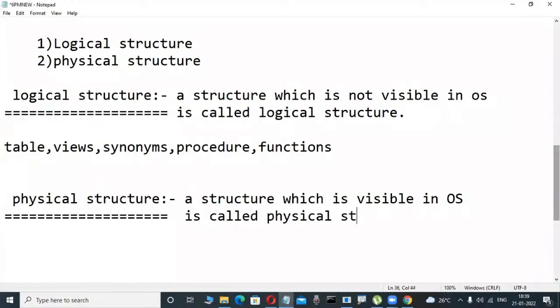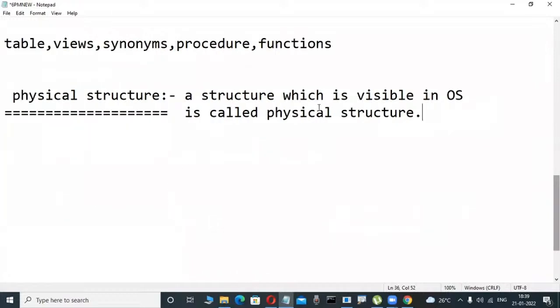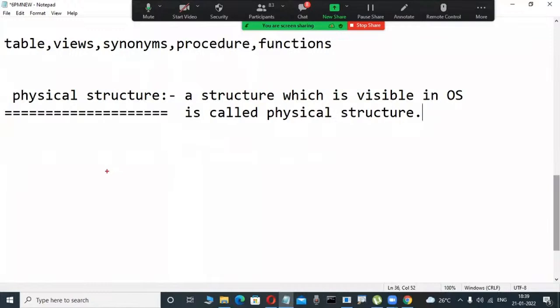Who are the persons working in this physical structure? It's a big concept. I'm telling the definition side only, because I will tell you which definition of database is correct. A structure which is visible in the operating system is called a physical structure. Suppose I am installing software, some physical files are created on the disk. Whether PowerPoint, MS Access, or Word, physical files are created.